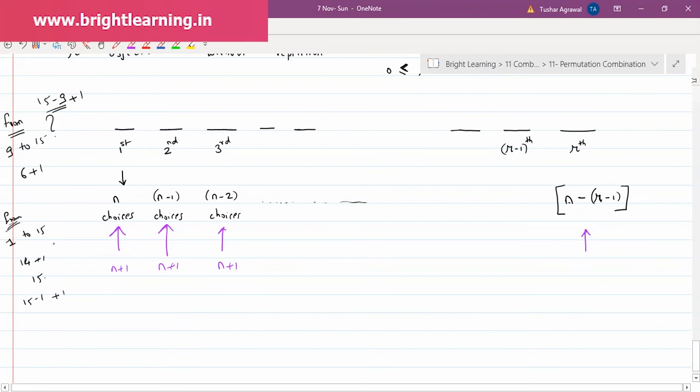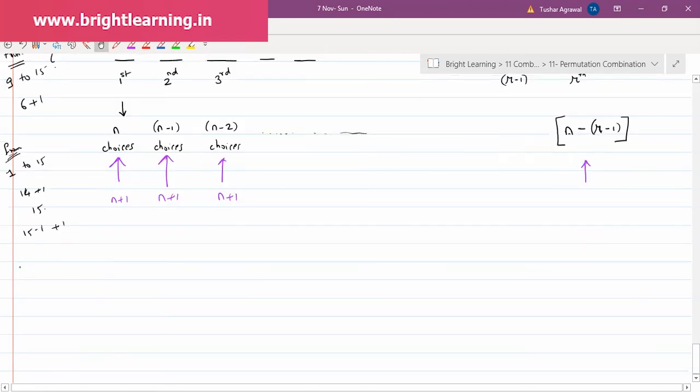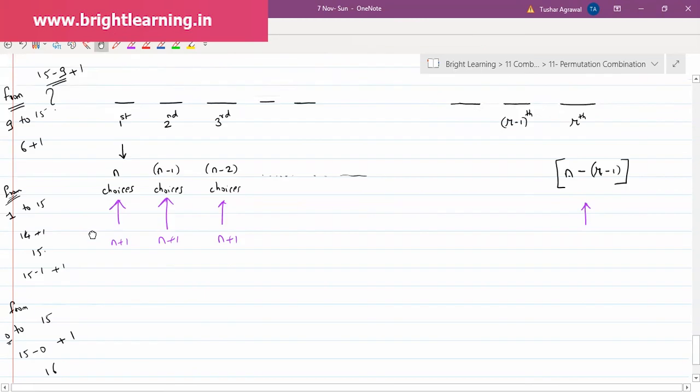But if I give you from 0 to 15, what will be the answer? 15 minus 0, and we have to add plus 1 because you have to include that 0 also. So the answer is 16. Does this make sense? You should know this from school level.